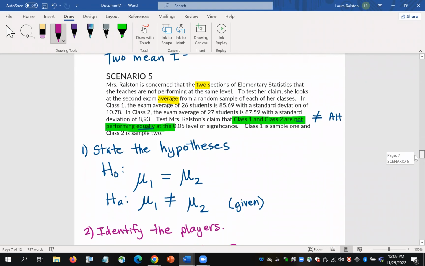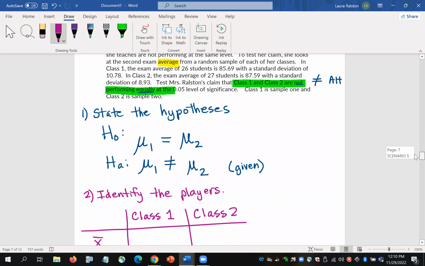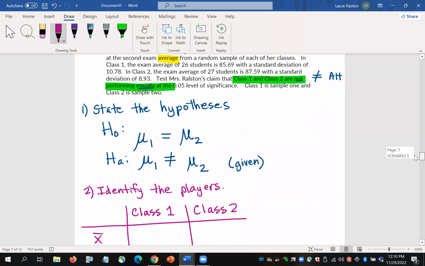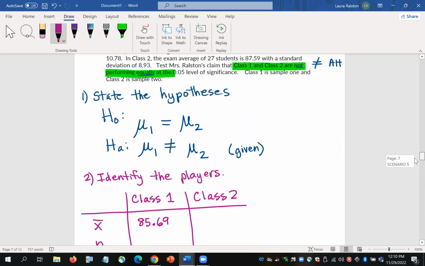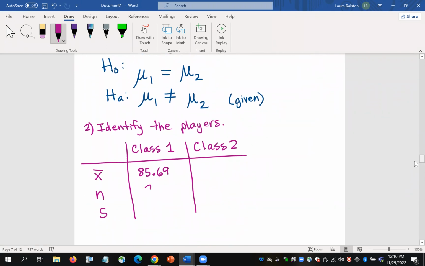For class 1, it says in about the third sentence, in class 1, the exam average of 26 students is 85.69 with a standard deviation of 10.78. So we have a mean of 85.69 for 26 students and a standard deviation of 10.78.